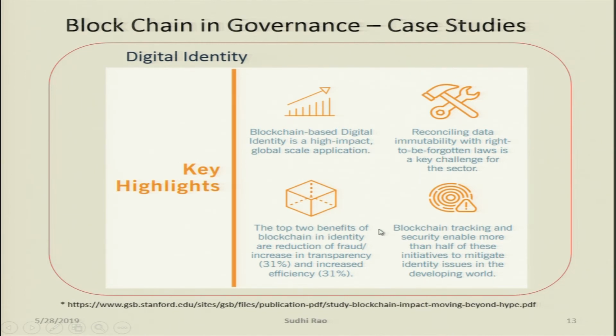The 2 top benefits of blockchain in identity are reduction of fraud and increase in transparency. With a single source for establishing identity, theft becomes difficult. Somebody else cannot forge my signature, somebody else cannot forge my face or photo, forge my passport, because there is an immutable record of when, how and where I established my identity.